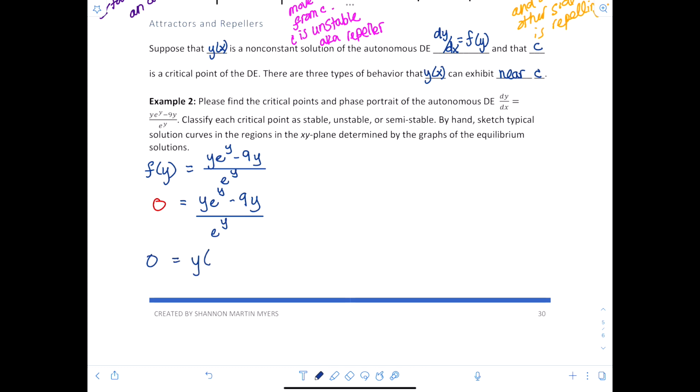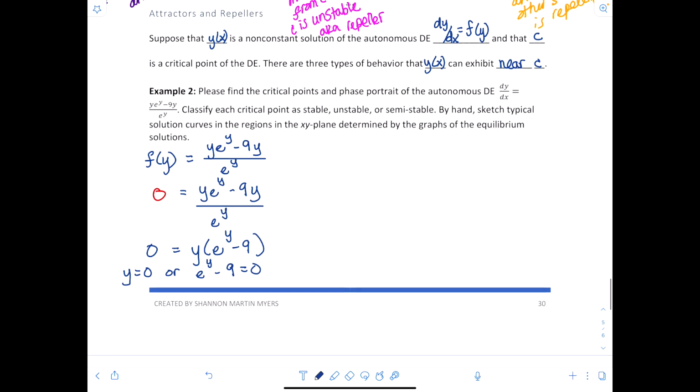I'm going to factor out the y. We'll be left with e^y minus 9. So y could either be 0 or e^y minus 9 could be 0, using the zero product property. And this in turn would give us that e^y is 9.